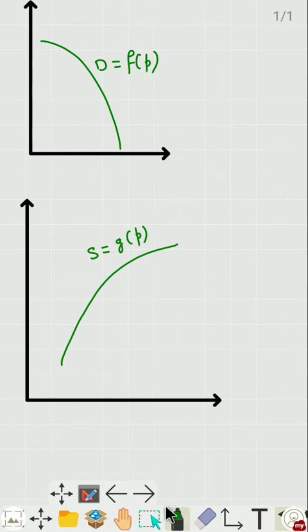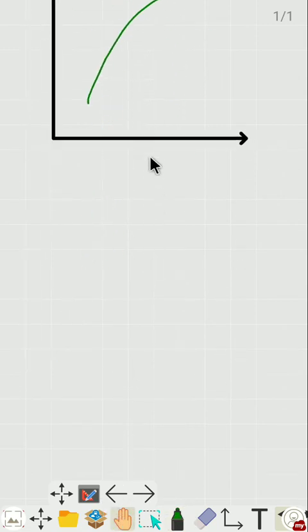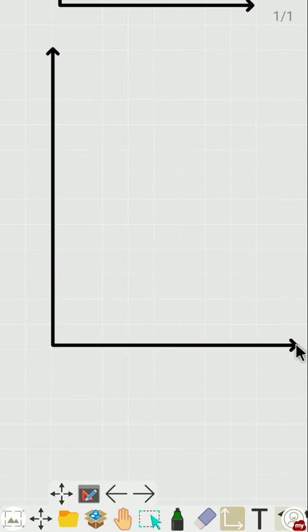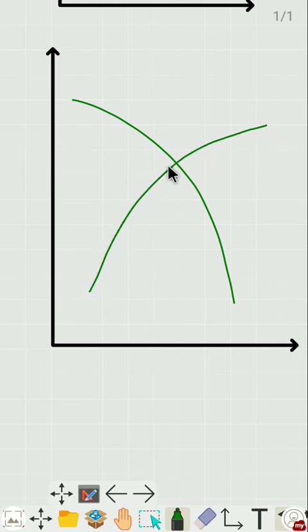If we draw both the graphs together, we see what happens. This is the demand function, this is the supply function, and we get a point of intersection here.